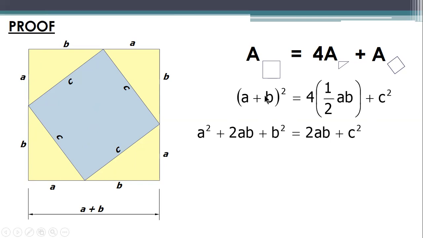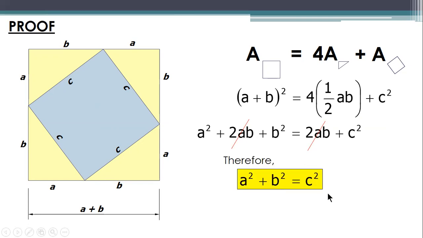This is a perfect square trinomial. The expansion is a squared plus 2ab plus b squared. And 4 times one half ab is equal to 2ab, plus c squared. Since 2ab appears on both sides, it cancels. Therefore, a squared plus b squared is equal to c squared.